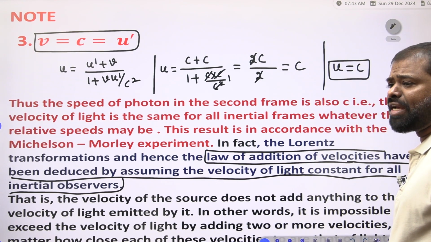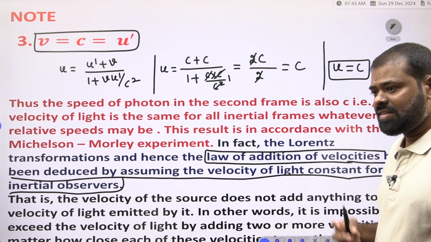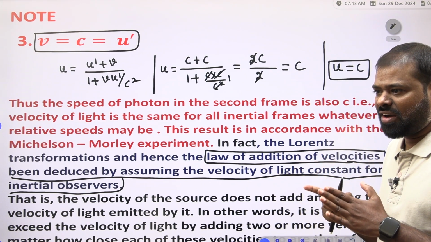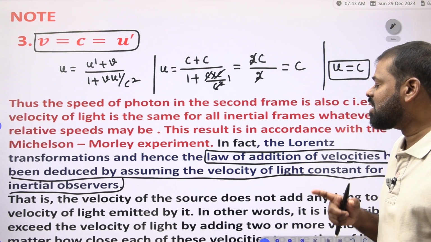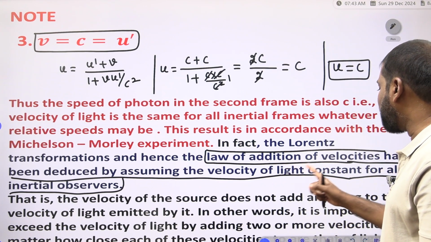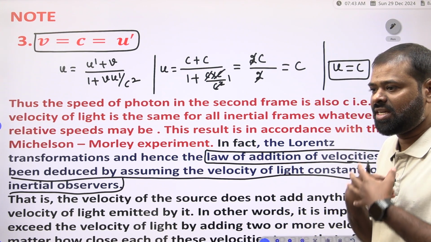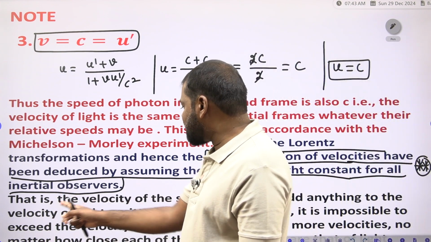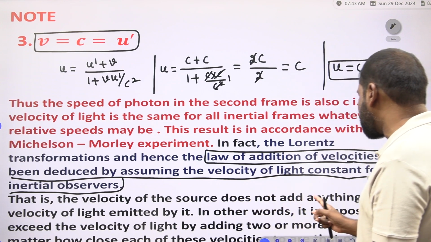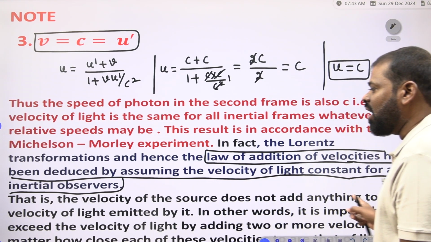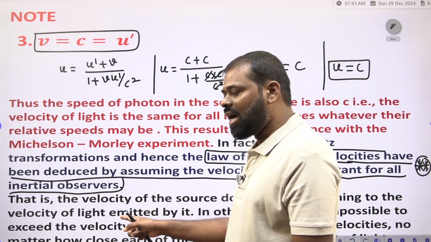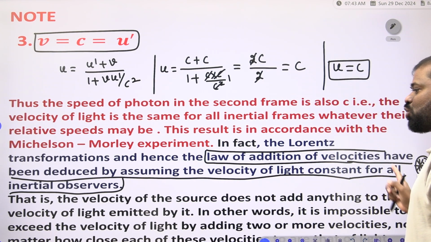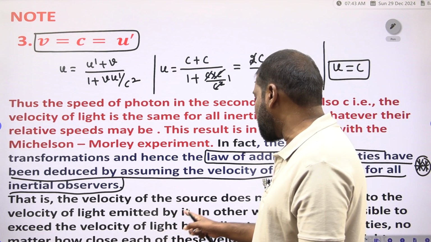By using the Lorentz addition of velocities, we are deducing the postulate of the special theory of relativity, that the velocity of light is a constant in all inertial frames of reference. That is, the velocity of the source does not add anything to the velocity of the light emitted by it.